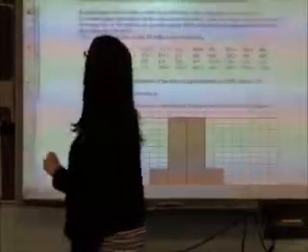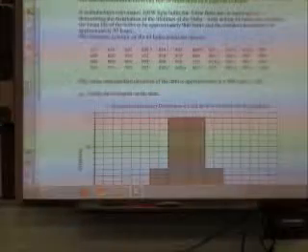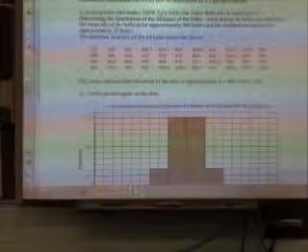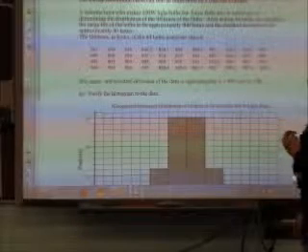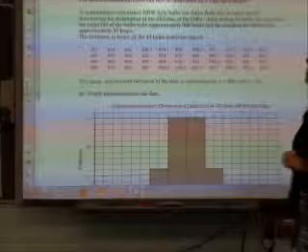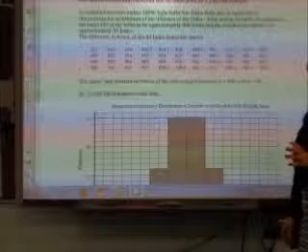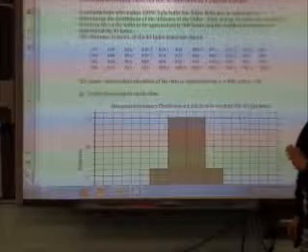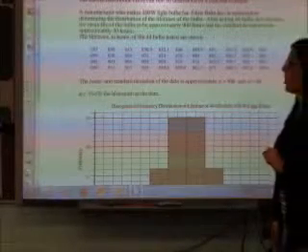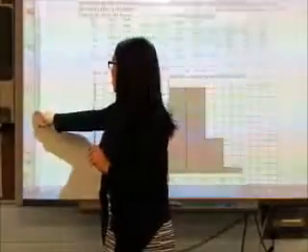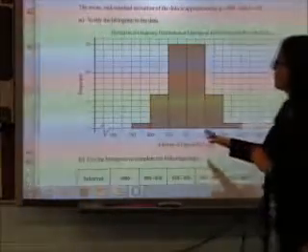So we're going to look at a manufacturer that makes 100-watt light bulbs for Glow-Brite. What they did is they tested 44 light bulbs. And they determined that the mean life was 900 hours and the standard deviation was about 50 hours. So they created this histogram.